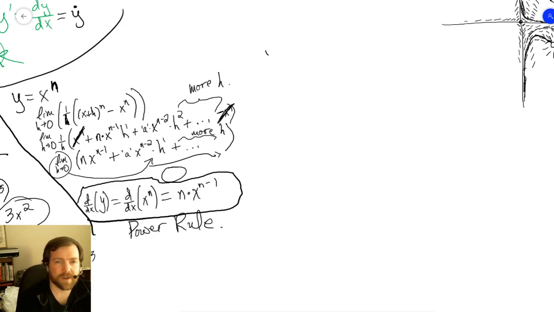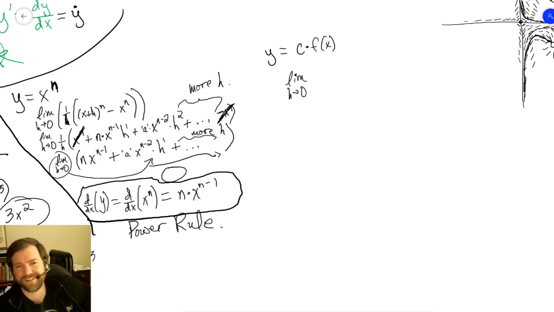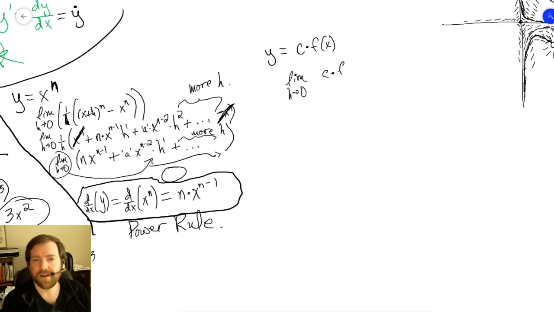Some of the other stuff you can do with it that's really cool is if you have y equals c times any function you want. Doesn't matter. You're going to try to take the derivative of this thing. You take the limit as h approaches 0 of c times, c is a constant so it doesn't get affected by the x plus h bit, c times f of x plus h minus c times f of x all over h.